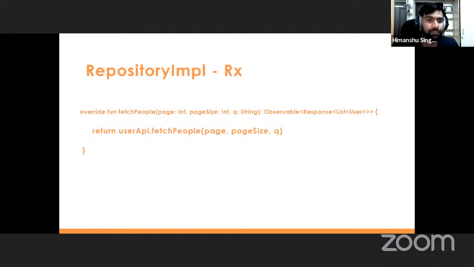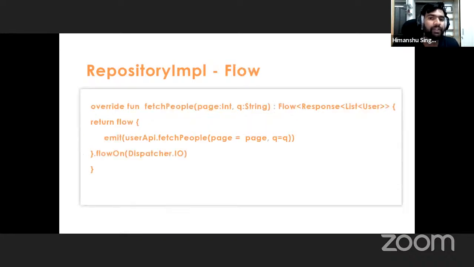Now we have the same thing for the repository implementation. If it returns an Observable, you will just return userApi.fetchPeople. But for Flow, with the function fetchPeople with a page and a query string, and a return type of Flow of a response list of users, we'll return a flow which emits a value, userApi.fetchPeople.